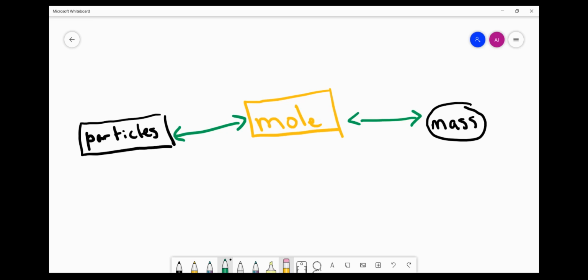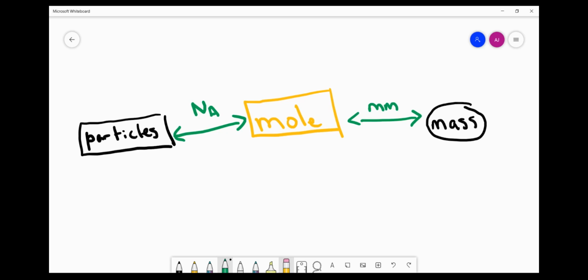For example, our conversion factor between mass and moles is molar mass, because the molar mass tells us how many grams are in 1 mole of that substance. Between particles and moles, our conversion factor was Avogadro's number, because Avogadro's number tells us how many particles are in 1 mole of that substance.